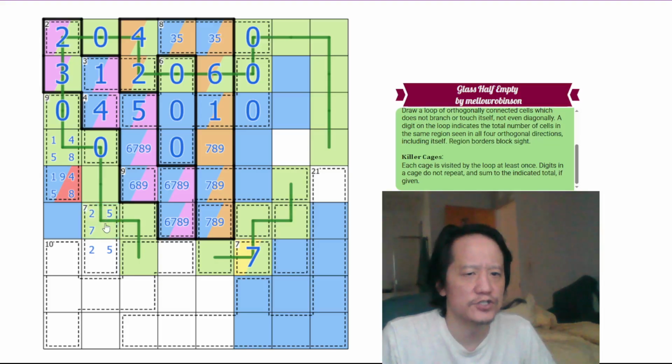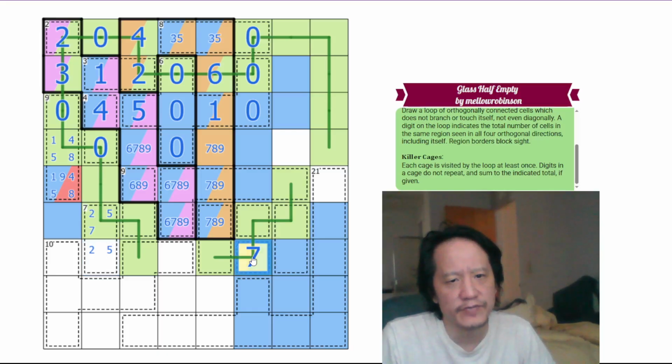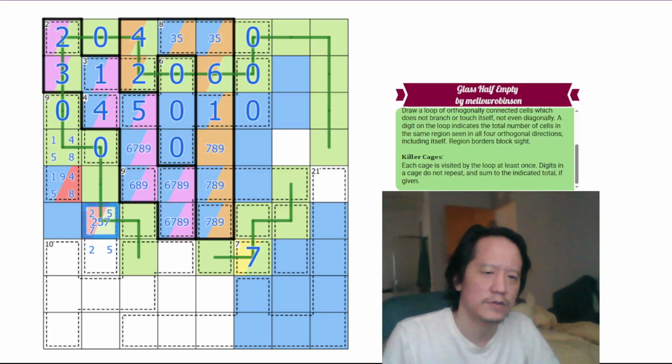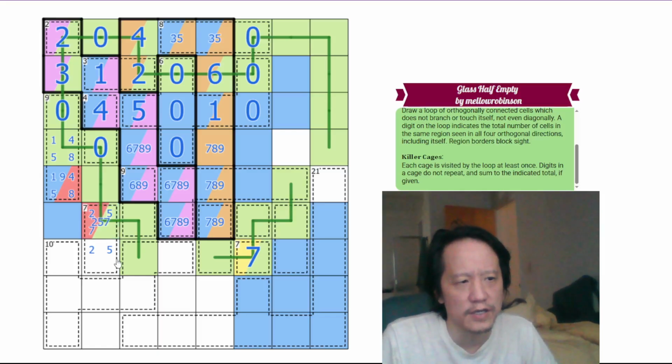If it's not a digit here, then this would have to be the digit, but that would be 7, which is not possible. So this has to be a digit. So this is part of the red region. So 1, 2, 3. So this is guaranteed to be 1, 2, 3, 1, 2, 3 that way. This has to be 2, 5, or 7 here. And this is guaranteed to be, again, in one of the regions. So this is 1, 2, 3. Therefore, this has to be a different region for yellow. Okay.